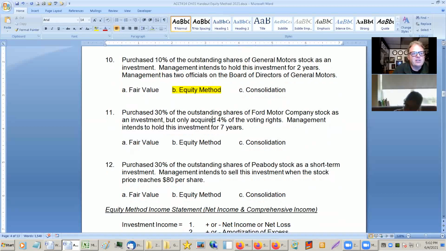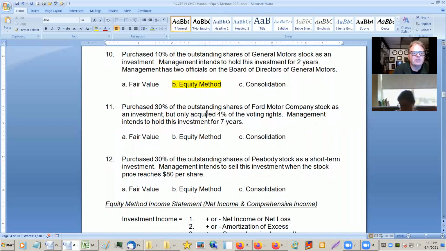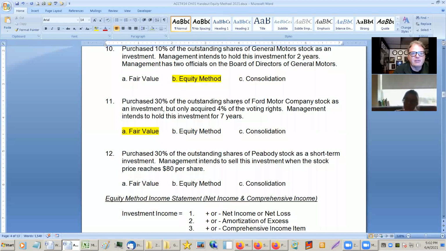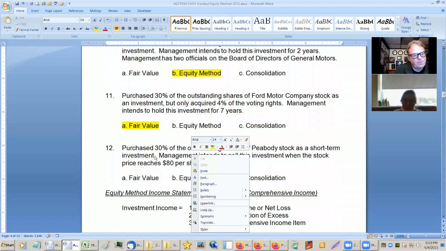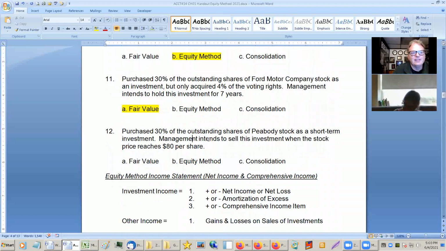Purchase 3% of the outstanding shares of Ford Motor Company stock as an investment, acquiring only 4% of the voting rights. Management intends to hold this investment for 7 years. So fair value? Yeah, because you're probably not influential. And by the way, the Ford family still owns most of the voting rights. The stock you buy in Ford doesn't have the voting rights. Interesting.